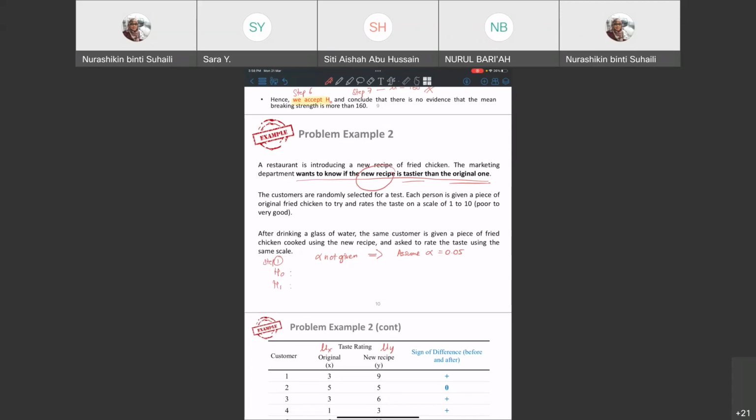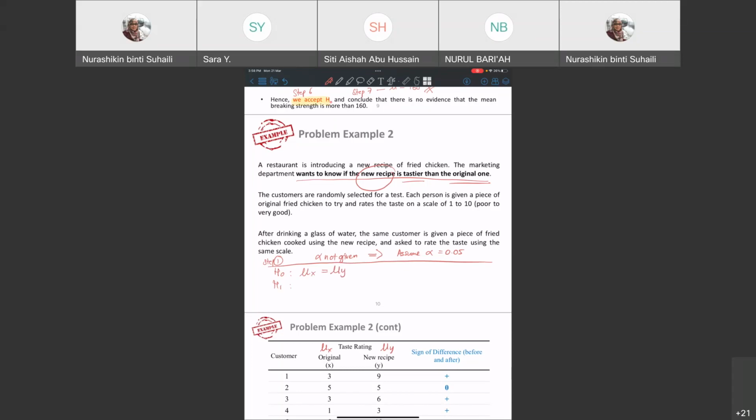The null hypothesis means there is no difference. There's no difference between the score of the new recipe and the old recipe. So it means that the original score mean is equal to the new, in terms of the mean.